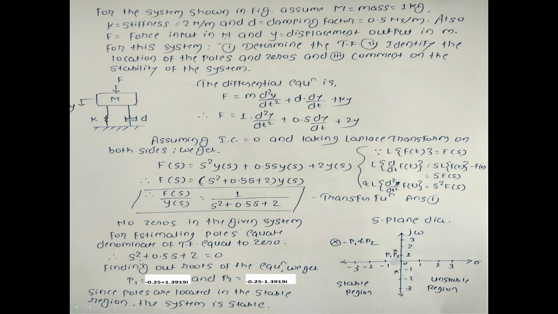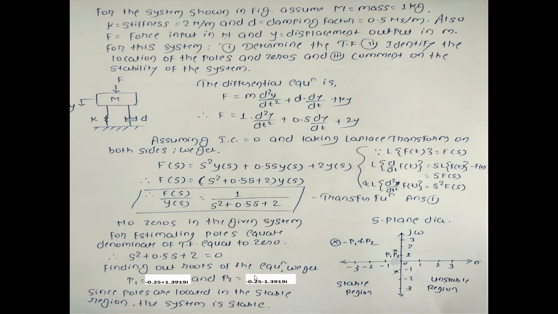So here we are equating s square plus 0.5 s plus 2 equal to 0, and finding the roots. The first root I am designating as p1, that is minus 0.25 plus 1.3919i, and the second root is minus 0.25 minus 1.3919i. So these are the two poles having real and imaginary parts.